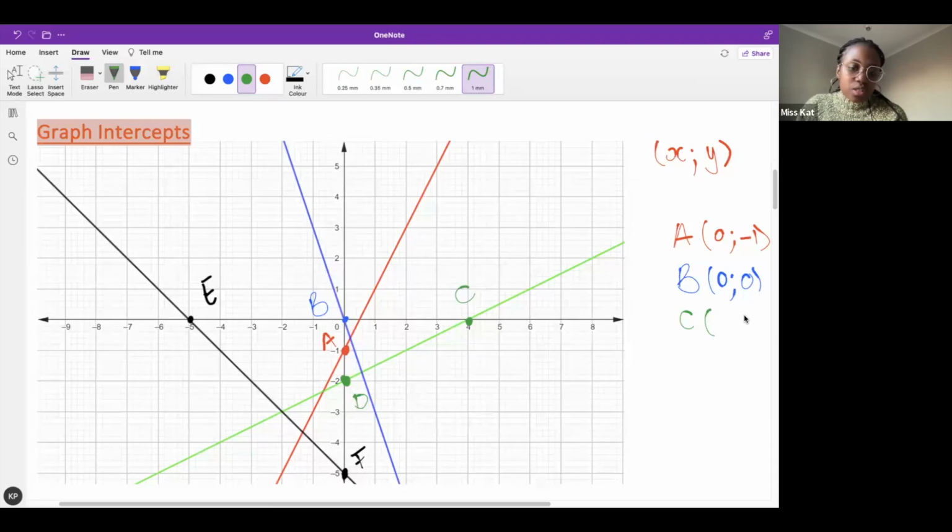What are my coordinates for C? On the green graph, in case you're looking for it. Anyone? Is everyone still alive? There we go. Tando says C is 4 and 0.